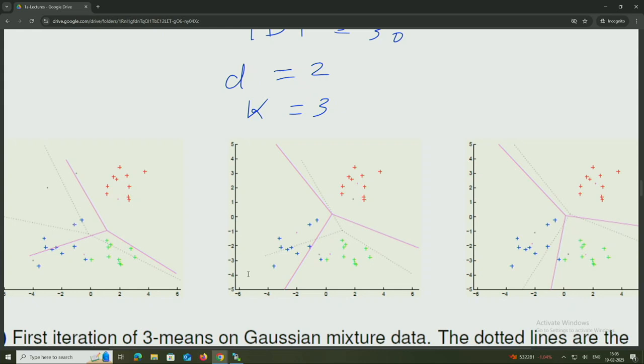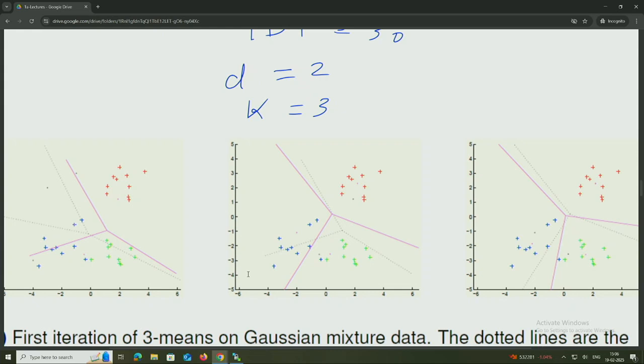Now when you do that, you realize that only these 2 points are closest to this. You realize that these set of points are closer to this, and these set of points are closer to this. This is the step. So then you get this Voronoi tessellation. This divided, this divided, and then there's a line for this one.